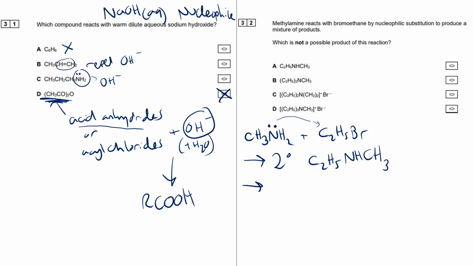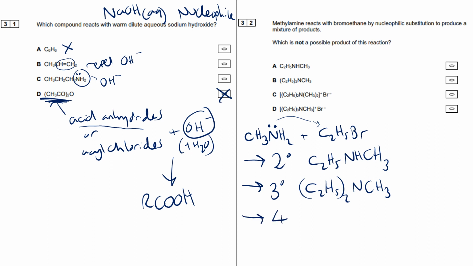That will react further with bromoethane, apologies. You get another ethyl group joined on, so you'll have two ethyl groups. Another hydrogen will come off, and the methyl group will stay there. So you would make diethyl methylamine. That will attack one more bromoalkane.